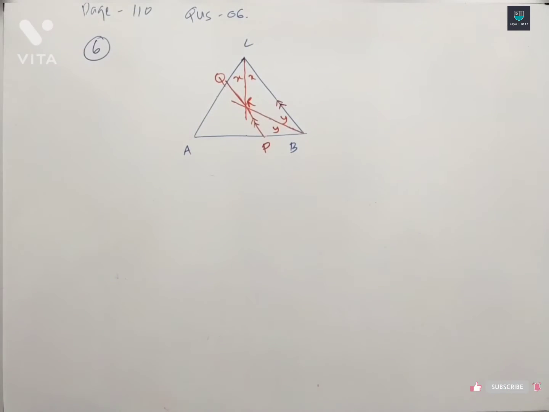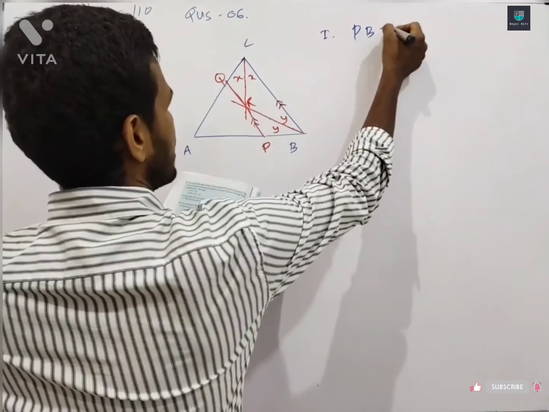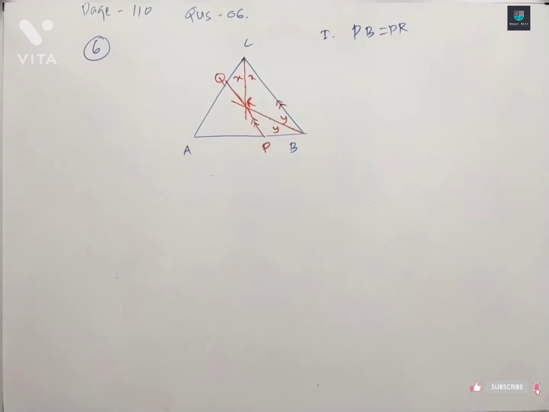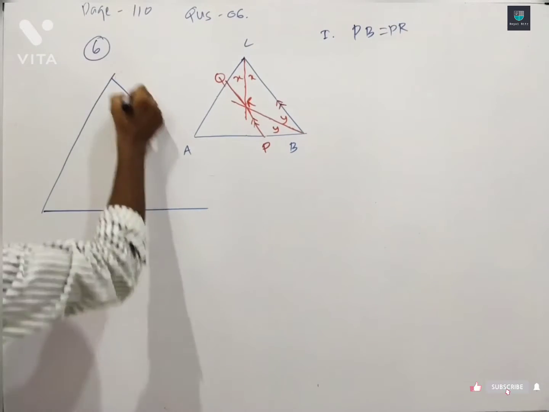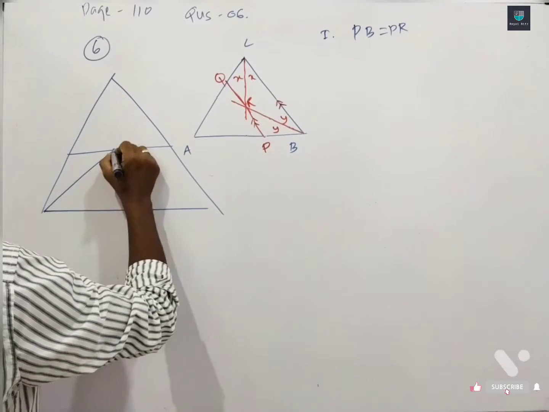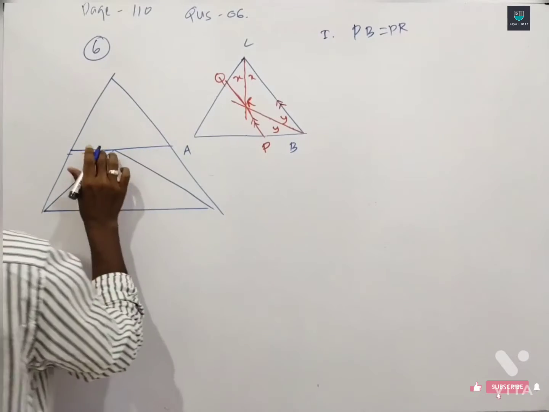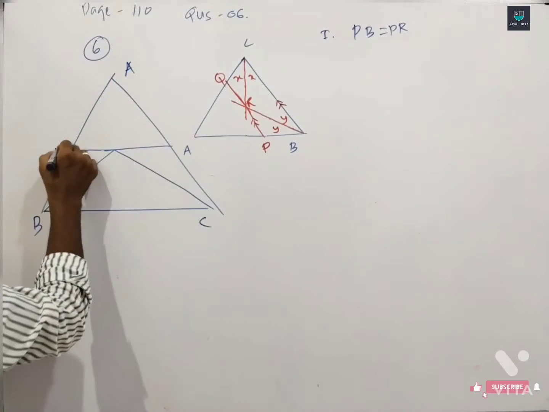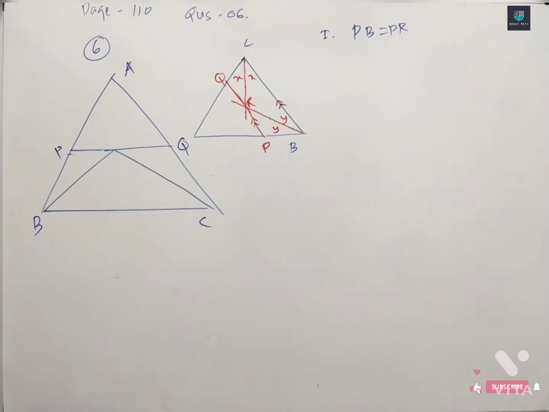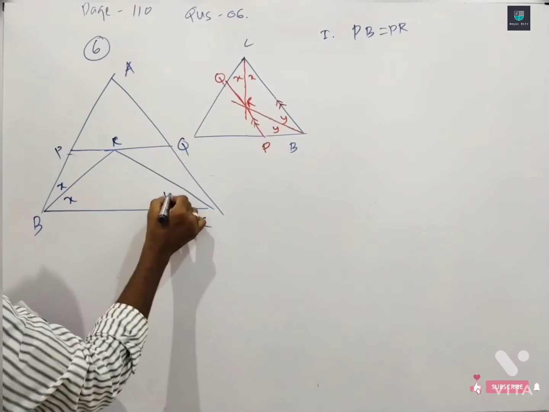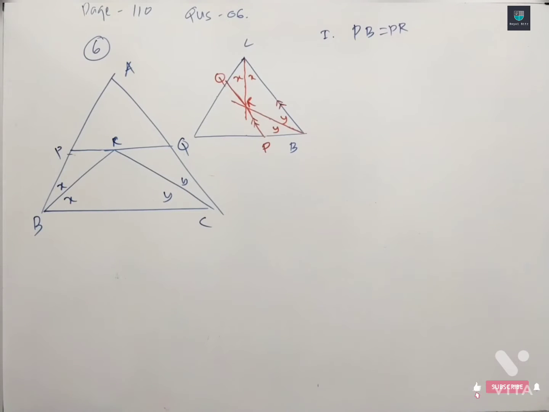Right, so now this is the question. First we want to prove PR is equal to PB.